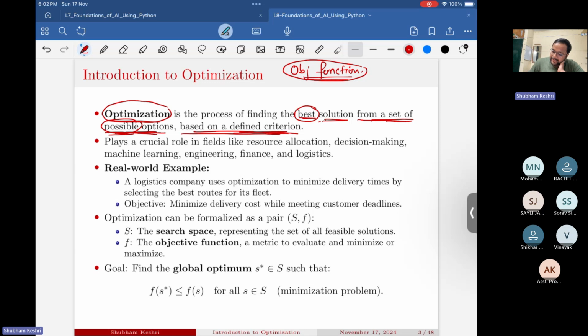This criteria and objective function are the same. I have just used two different terms, but when I refer to them as criteria or objective function, I mean the same thing. This plays a crucial role in resource allocation, decision making, machine learning, engineering, finance, logistics, etc.